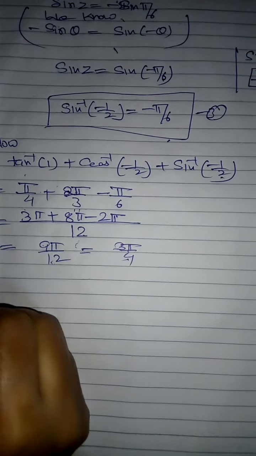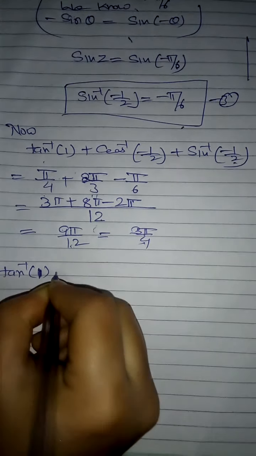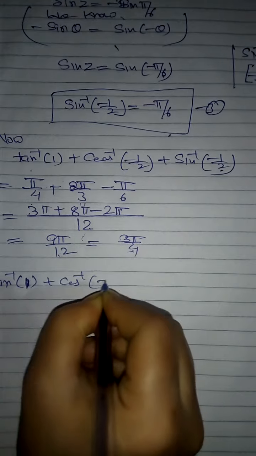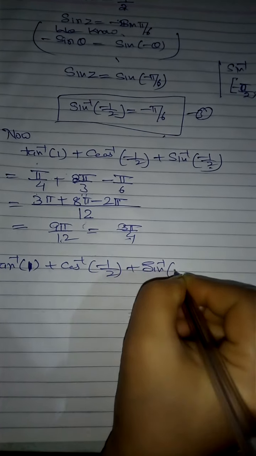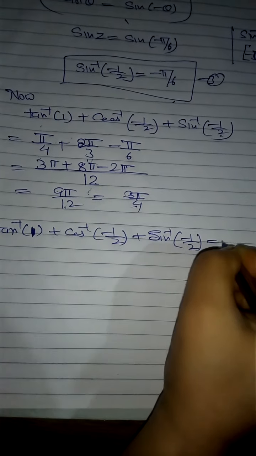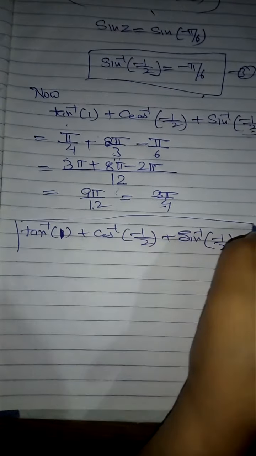So the answer is tan inverse 1 plus cos inverse minus 1 by 2 plus sine inverse minus 1 by 2 equal to 3 pi by 4. This is the answer of this question.